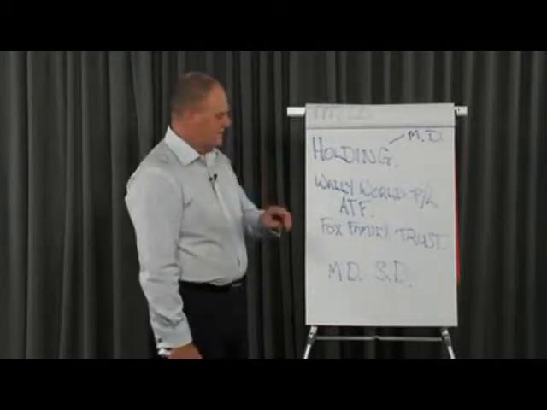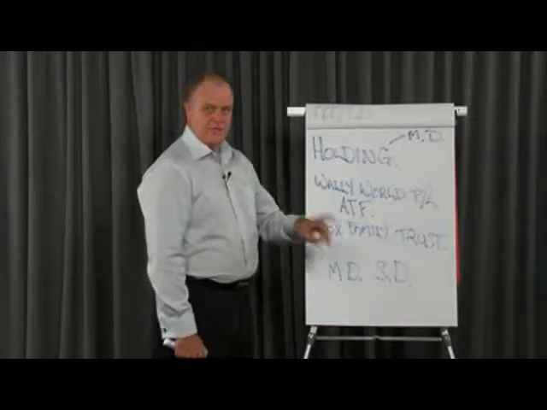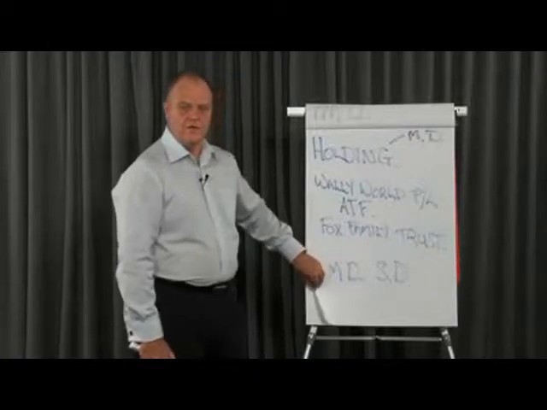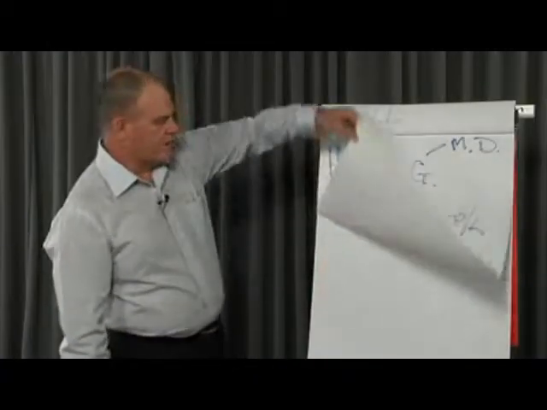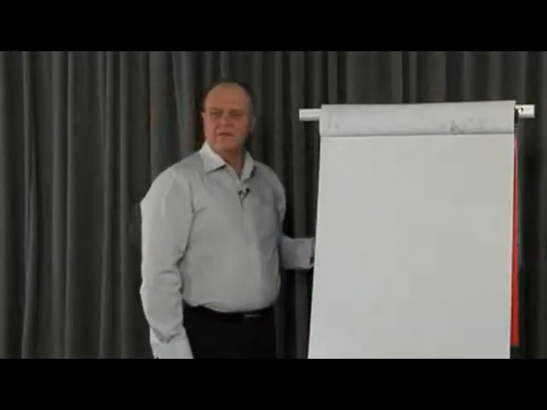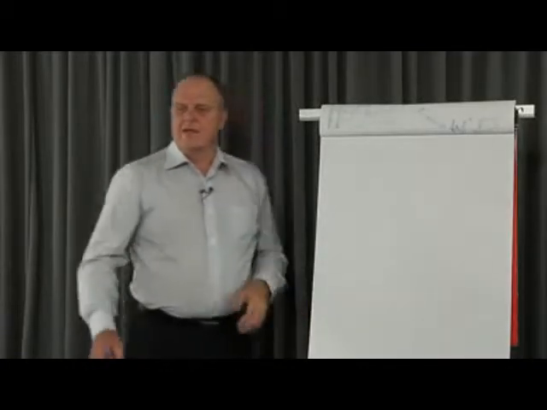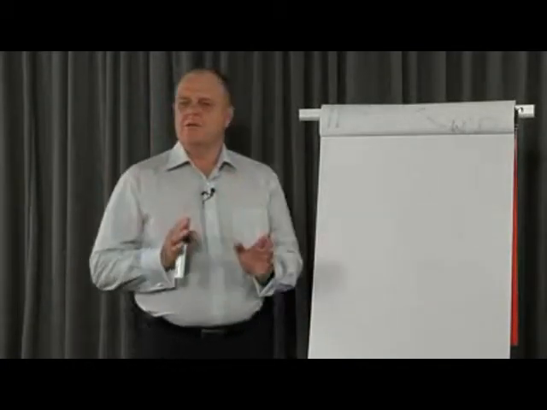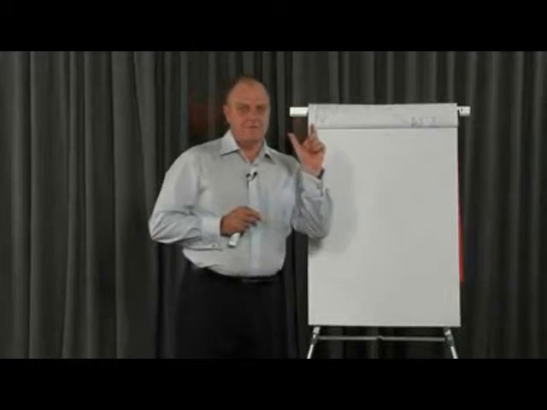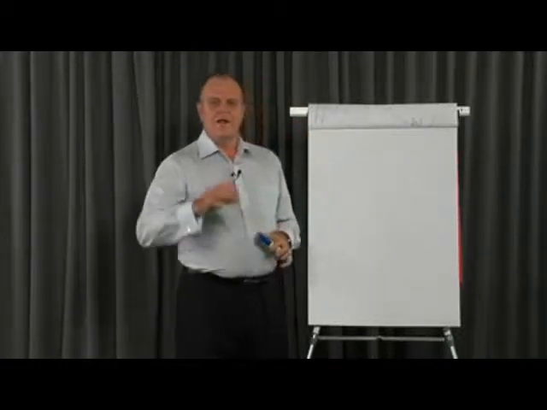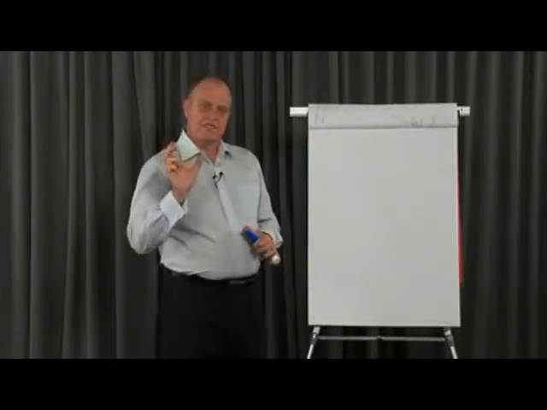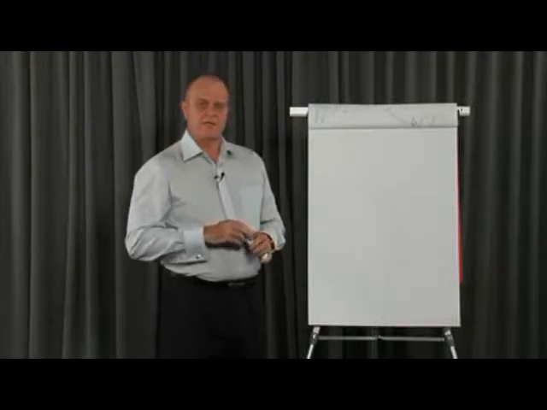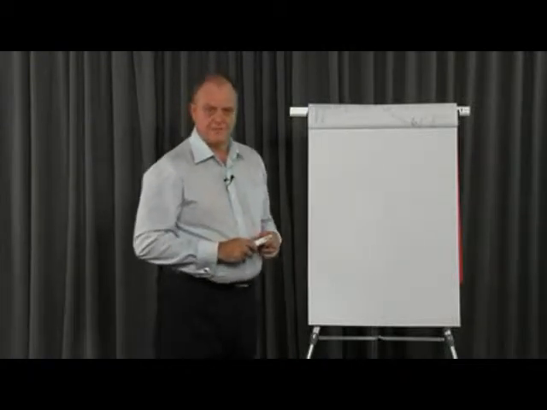Under a unit trust, there is no discretion, as I said. It is by the units. But every trust must have a beneficiary. Funds must be distributed either by the units or at the direction of the trustee in a family trust or discretionary trust situation.